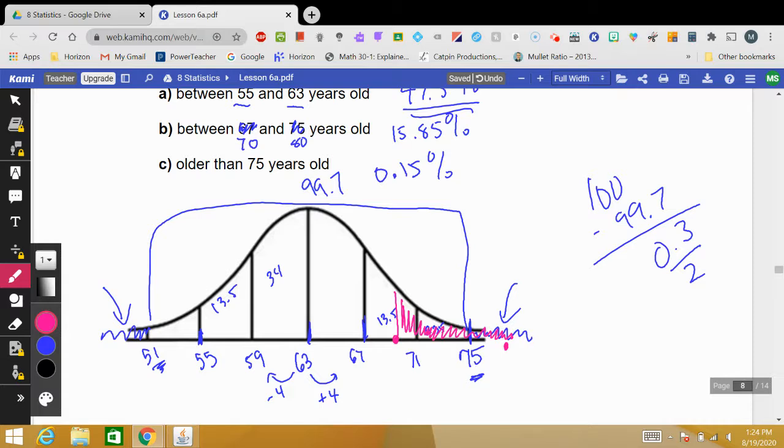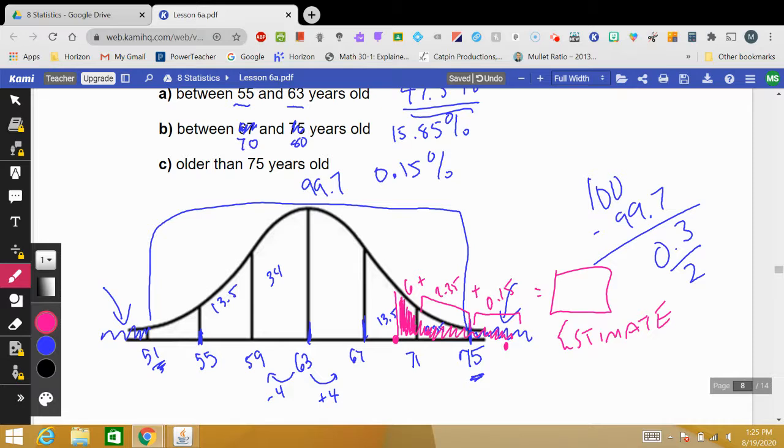You can't do that right now. Could you estimate it? Yes. So you would know that this little chunk here is 2.35. And you know this little part from here on up is 0.15. And you could estimate this to be, well, this is 13.5 for the whole, so I'm going to estimate that to be about 6. So if you go 6 plus 2.35 plus 0.15, you could figure it out. But it would be an estimate.